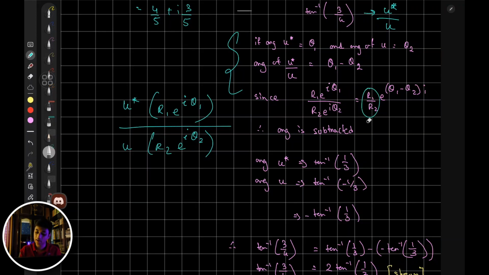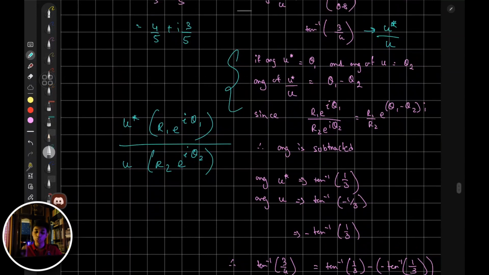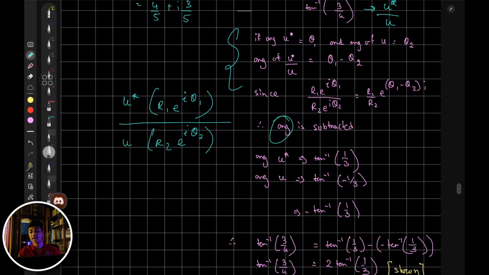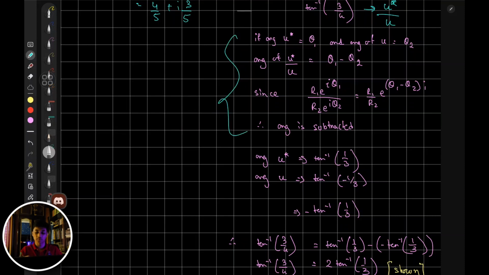So r1 by r2 remains as it is, and e to the power i times theta 1 minus theta 2, which is the power of the exponential. So now we know that if two complex numbers are divided, their arguments are subtracted. This is what we have learned from this long derivation.